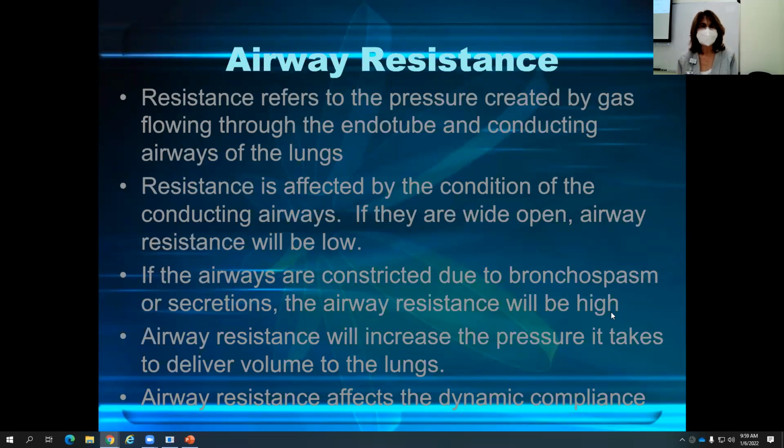So the more airway resistance you have, the higher the peak pressure. And at the bottom, it says airway resistance affects dynamic compliance.